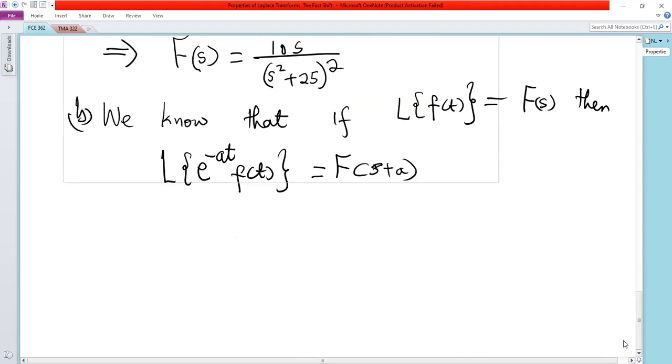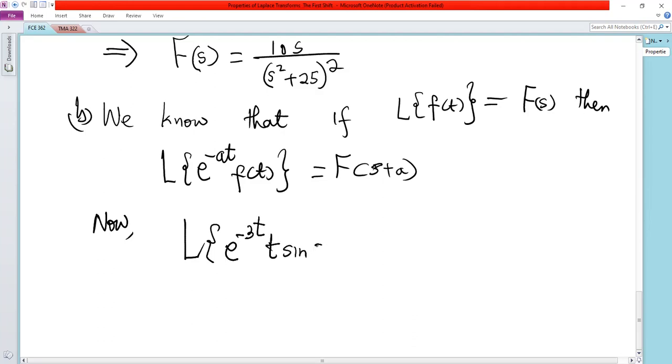Now, our problem is to evaluate the Laplace transform of e raised to the power minus 3t times t sine of 5t. So in this case, our f of t is t sine 5t.